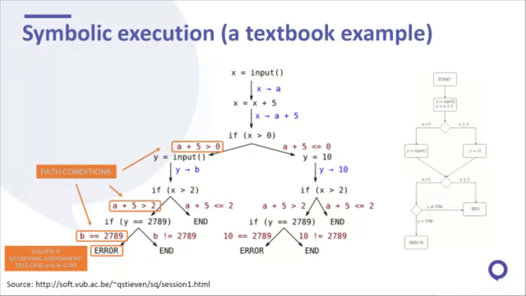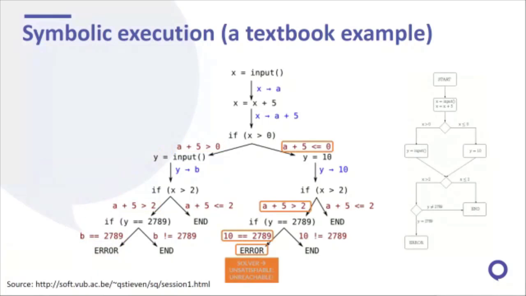Now you see that we can reach the error state. If you look at the graph on the right-hand side, you can see that we can reach this error state at the bottom through two paths. If we ask the constraint solver to generate inputs so that we reach the error state through the other path, it will give us an unsatisfiable answer because the constraints are contradicting.